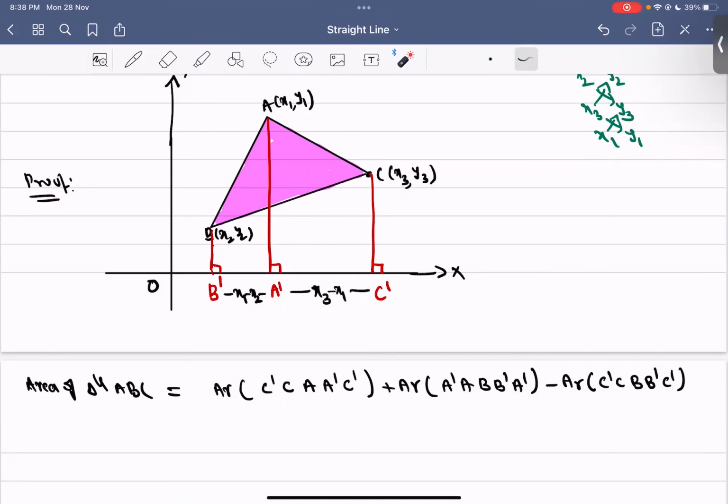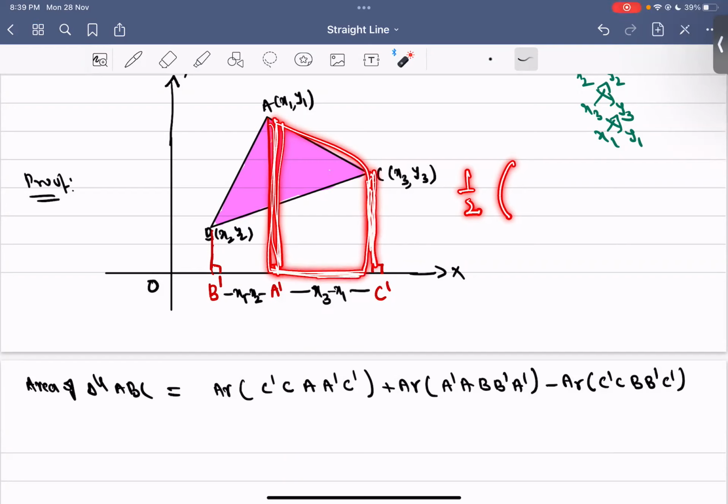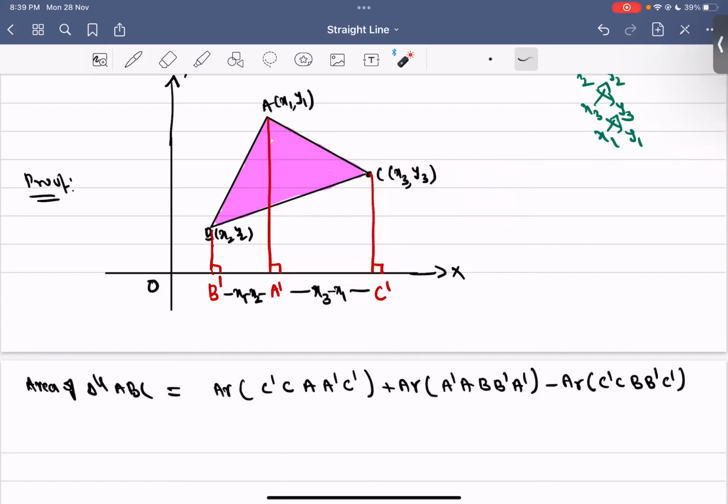This side is y1, this side is y3. Height is this one, x3 minus x1. Clear?